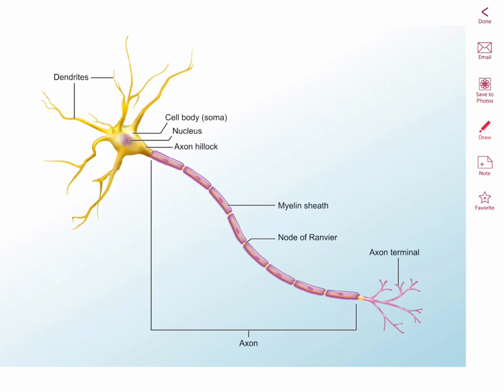Neurons transmit electrical impulses by using this structure right here called the axon. They also have dendrites, and they have a body called the soma. Most neurons have a cell body, dendrites, and axons, and they carry sensory and motor information and perform integrative functions.